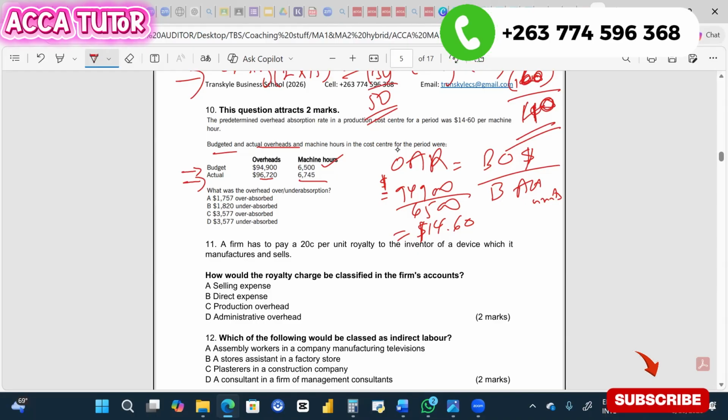How much was the standard cost of actual machine hours worked? Because the overhead absorption rate is the standard cost per hour. Now we worked 6,745 actual hours multiplied by the standard cost of $14.60. It means these hours have cost how much in standard hour terms? 98,477.